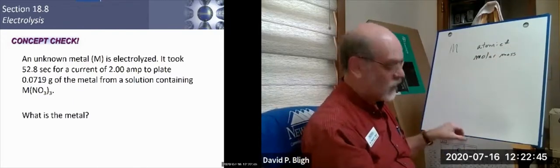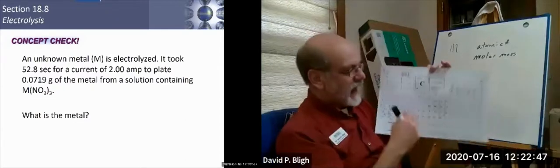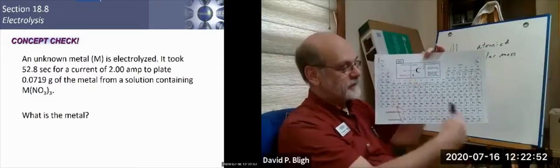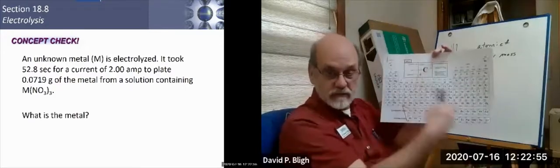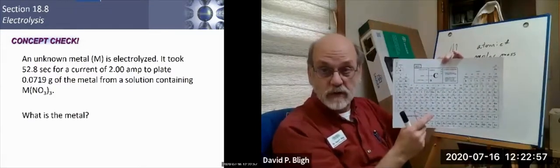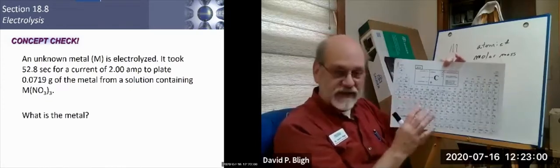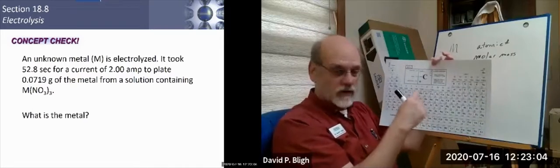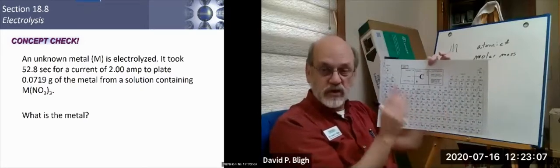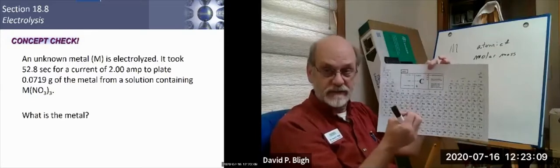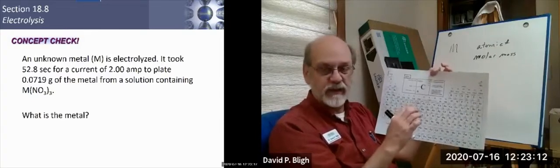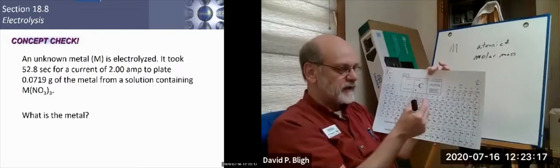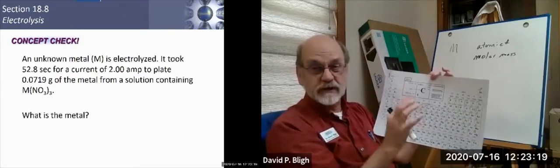And I've said it before, I'll say it again. As the atomic number increases from upper left to lower right, the molar mass increases too. And in most cases, the molar mass is significantly different enough, one to the next, that you can use that to identify the element. There are only a couple of places in the periodic table where the molar mass is so close that it's difficult to tell the difference.